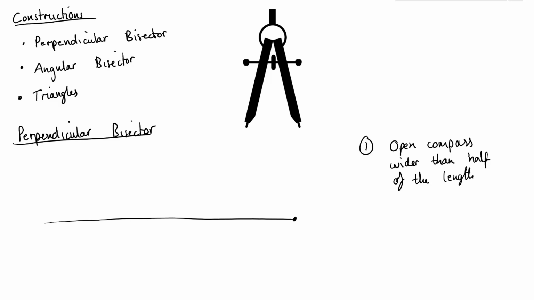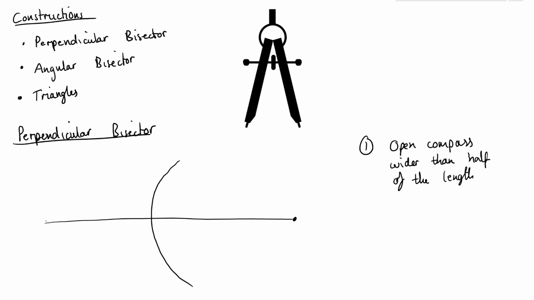Put the point of your compass on one end of the line, and then draw an arc, something like this roughly. Then you lift your compass off and switch to the other side.